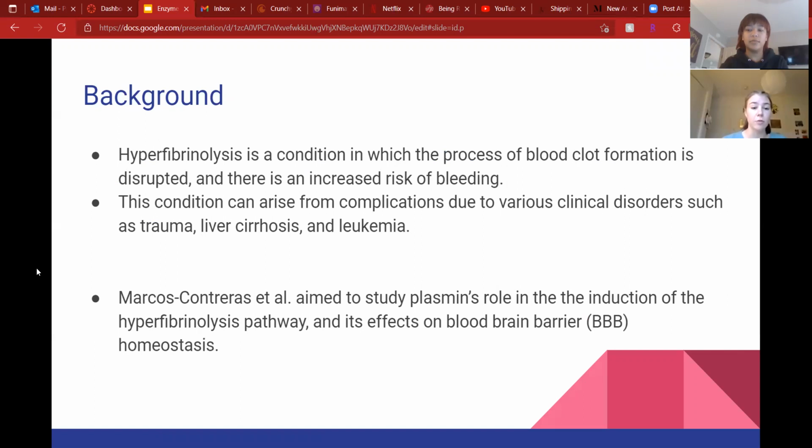This condition can arise from complications due to various clinical disorders, such as brain trauma, liver cirrhosis, and leukemia. The researchers who published this study aimed to define plasmin's role in the induction of the hyperfibrinolysis pathway and plasmin's effect on blood-brain barrier homeostasis.